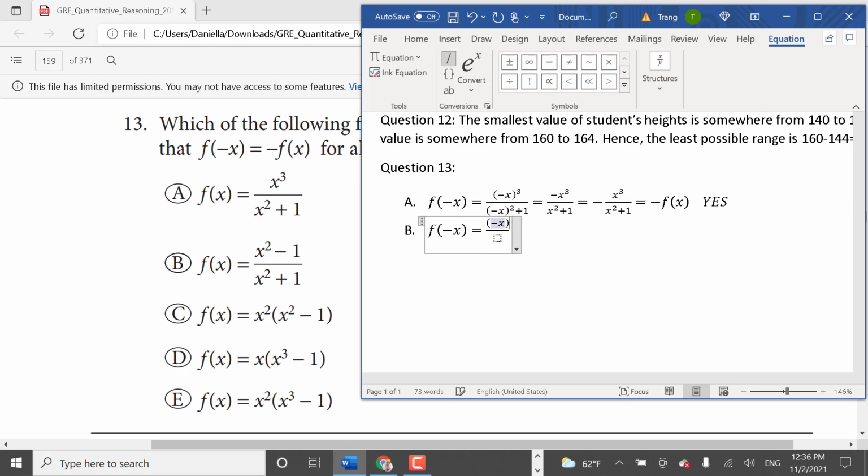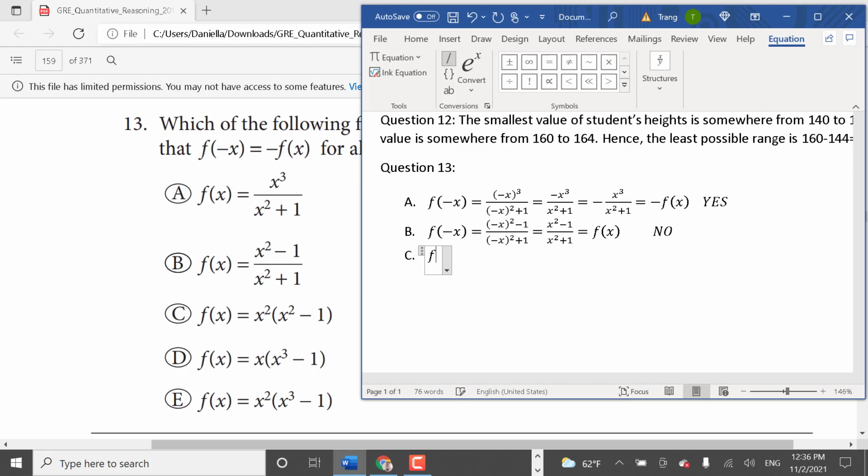So I have minus x whole squared minus 1 over minus x squared plus 1, and this is equal to x squared minus 1 over x squared plus 1. So this is equal to f of x. So B is an even function, not an odd function. So the answer here is no. And then similarly, we check choices C, D, and E.